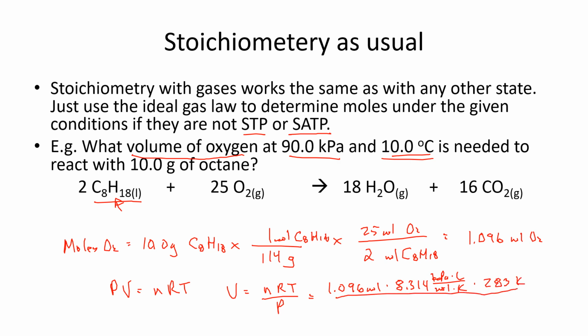And the pressure is 90 kilopascals. So let's see what that comes out to. 1.096 times 8.314 times 283 divided by 90 equals 28.7 liters. There you go.